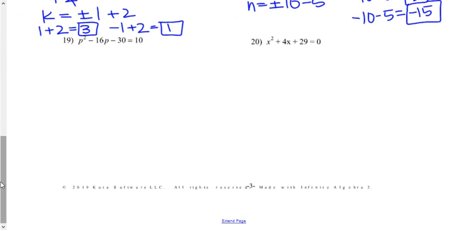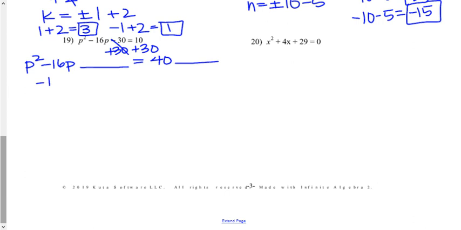Okay, number 19. Adding 30 to both sides to start. And I get p squared minus 16p, leave myself some space, equals 40, leaving space. Now I take my b value, which is negative 16, I divide it in half, and I get negative 8, then I have to square that to give me 64.